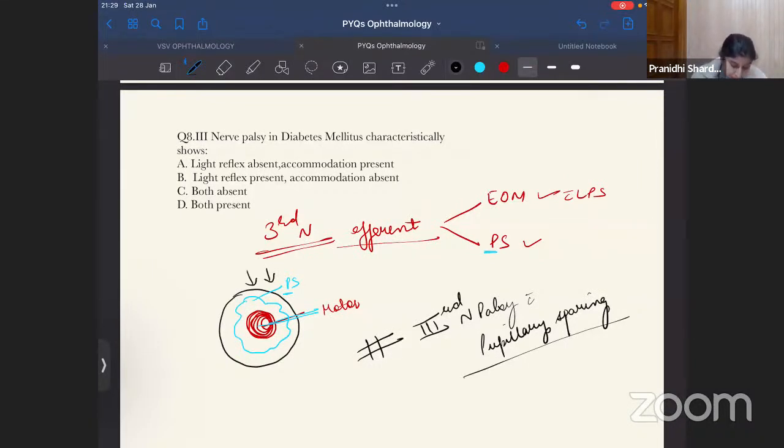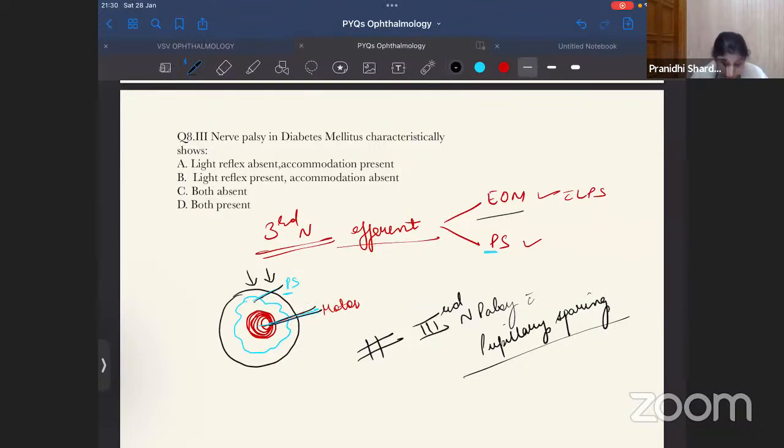So it will compress the peripheral fibers first and then the motor fibers. So in any intracranial space occupying lesion, the pupil will be gone first because of the parasympathetic supply, and then the extraocular muscles.